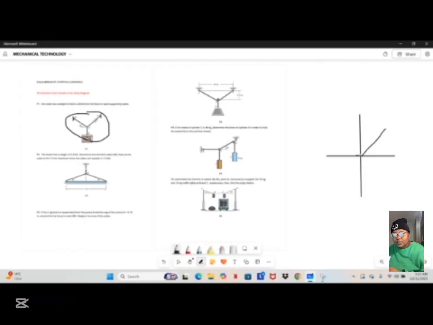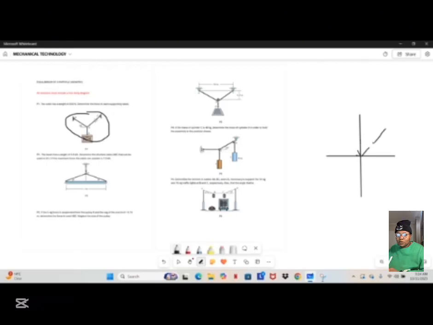So this is what we have. We have a force going this side and another force going this side. Okay, right, let me fix this force. It looks like a snake. Let's fix.